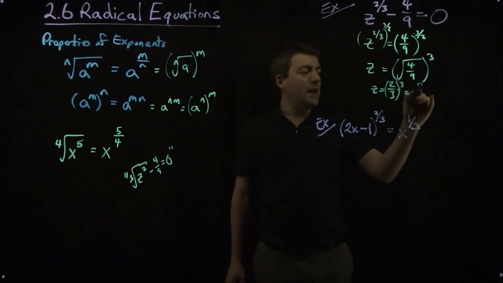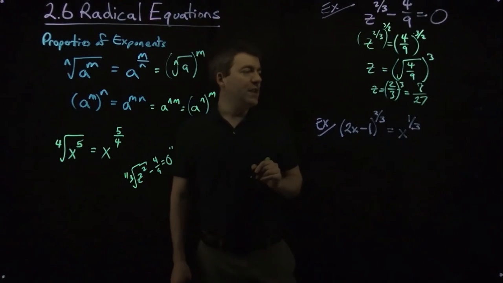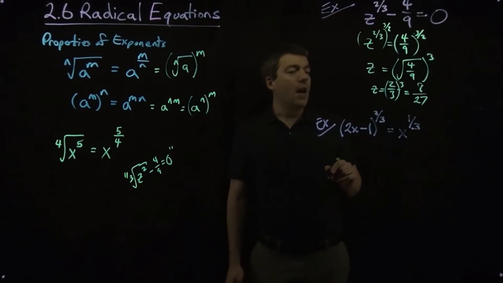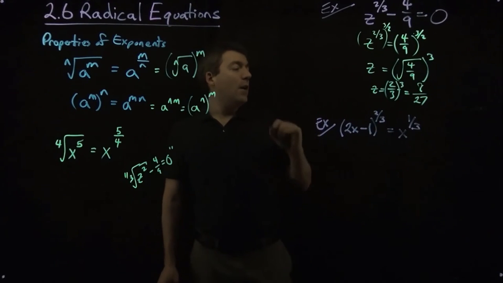2 to the third power is 8. 3 to the third power is 27. So we have z equals 8/27. All right. We always want to check our work, so we can check this.